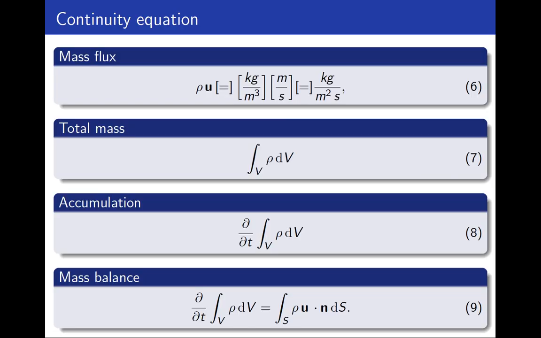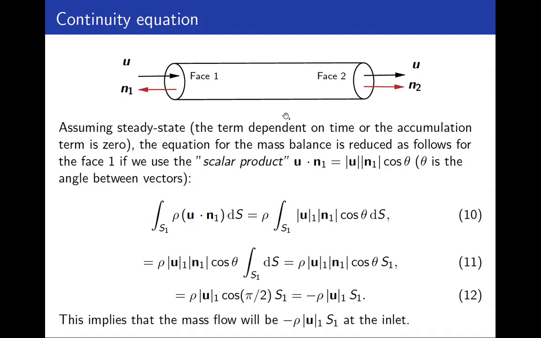To explain this more clearly, let's assume we have a cylinder, with face 1 and face 2. Some fluid element is entering through this inlet, which is face 1, and the unit normal vector is pointing in this direction. Here at face 2, the fluid is leaving the volume control, this cylinder, with this velocity, but now the unit normal vector is pointing in this direction.